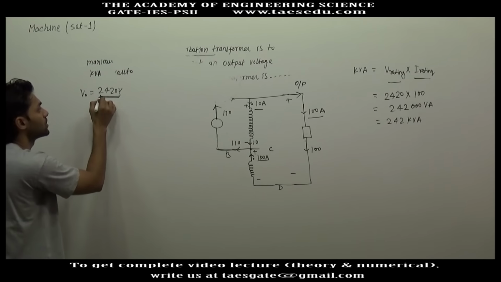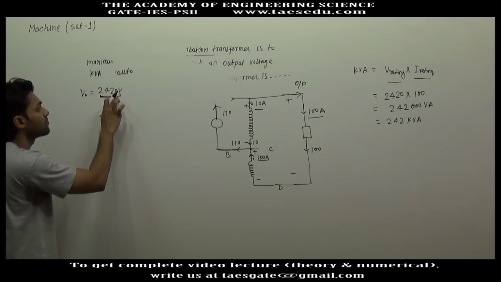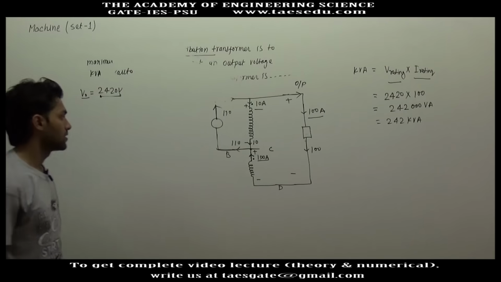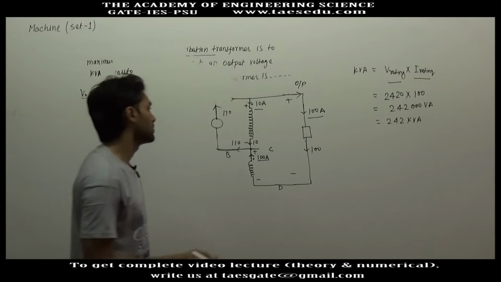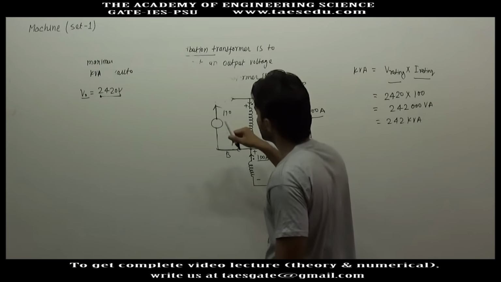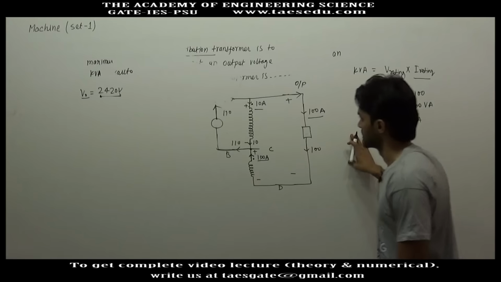If the maximum kVA is asked for this output voltage, there may be some more kVA for the same output voltage. So let us try to find out whether there may be another rating of this auto transformer for the same output voltage.